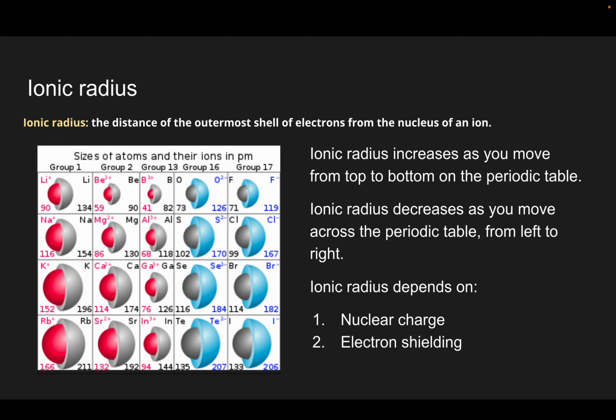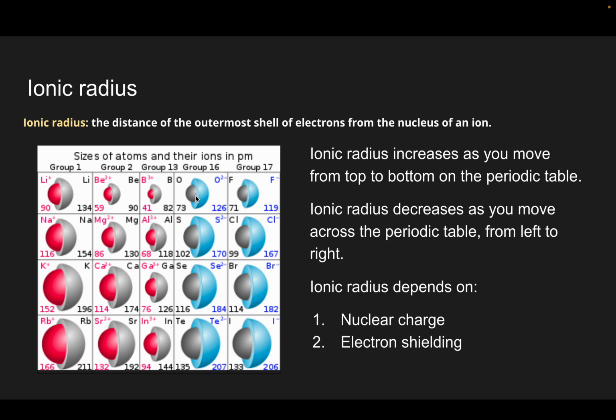However, here is one thing that you have to understand. For example, as you can see here, boron has a lower ionic radius than oxygen. It might be confusing because boron is located more to the left, while oxygen is to the right, and oxygen is supposed to be smaller.